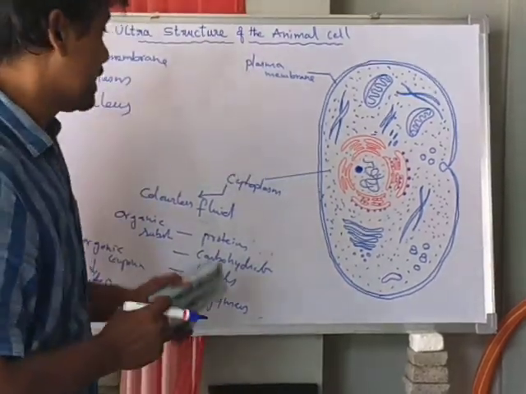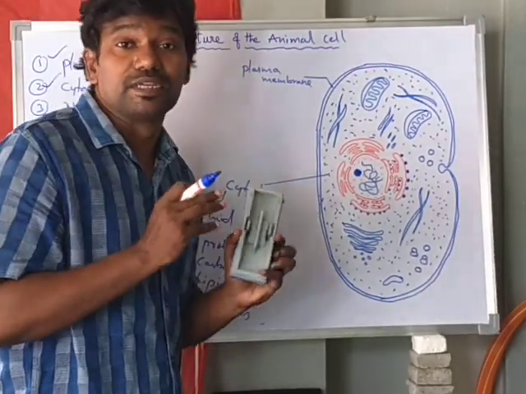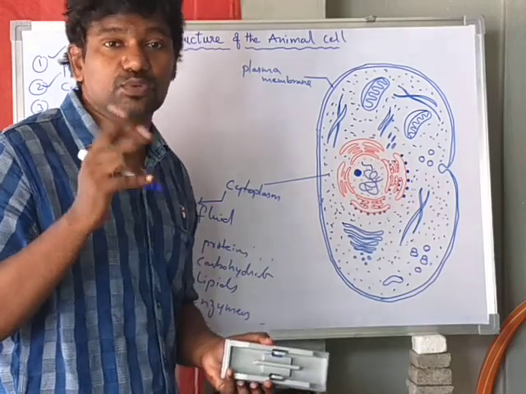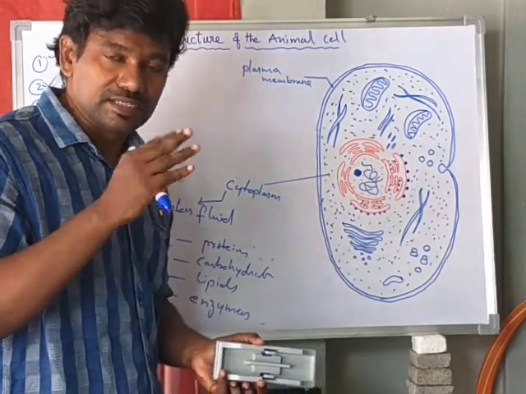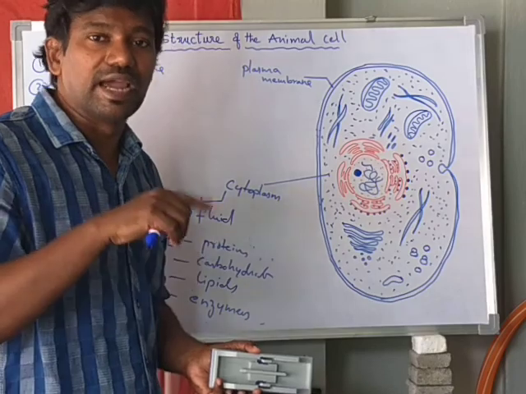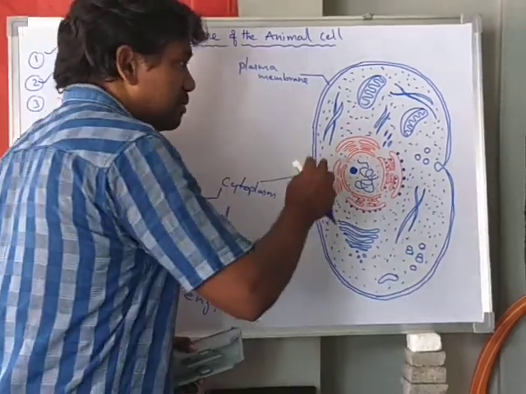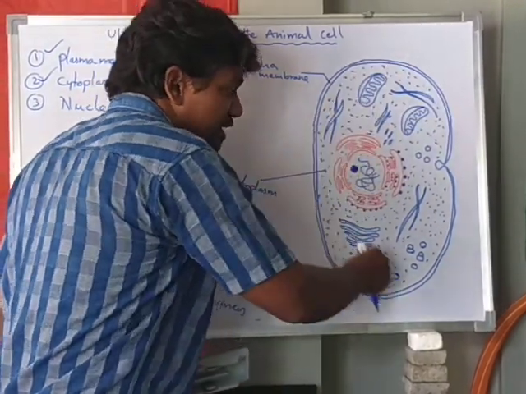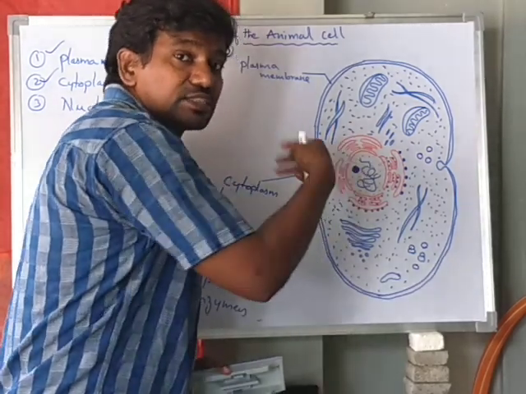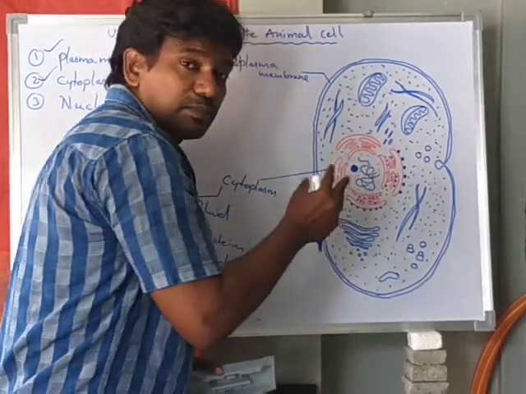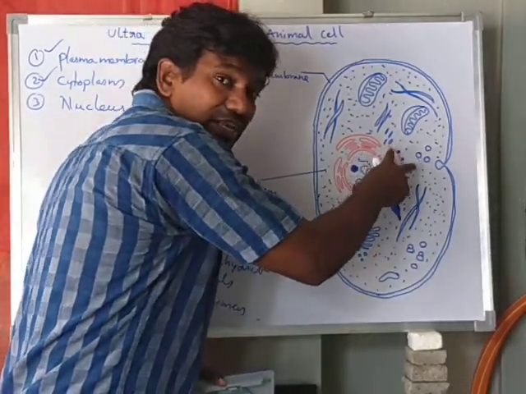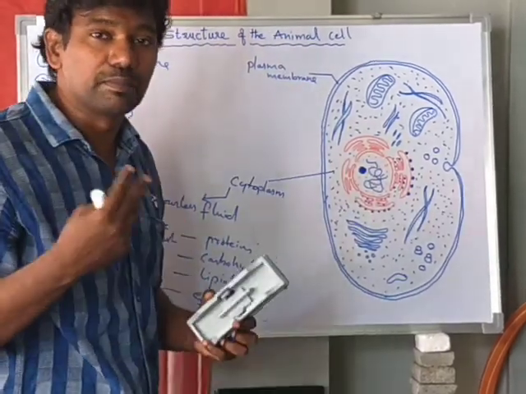Generally the cytoplasm in the animal cell is differentiated into two: external cytoplasm, the ectoplasm, and the endoplasm. The cytoplasm present at the peripheral, outer side is called ectoplasm. The cytoplasm present inside, in the middle of the cell, is called endoplasm.